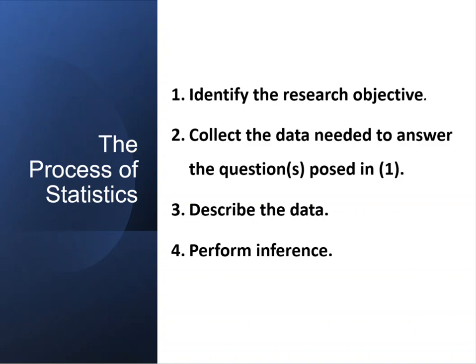Sampling is a really critical point to the statistical process, because if you don't collect the data in a correct manner, the conclusions you draw could be misleading or even meaningless. There could be some pushback on your discussions or on your findings.